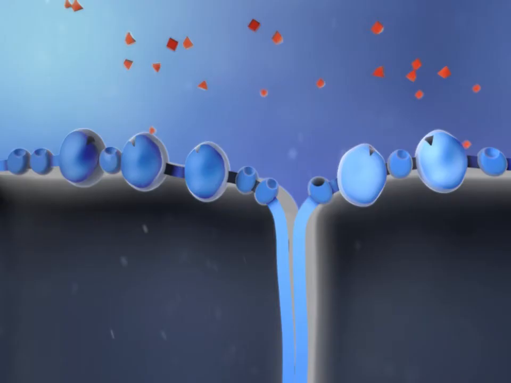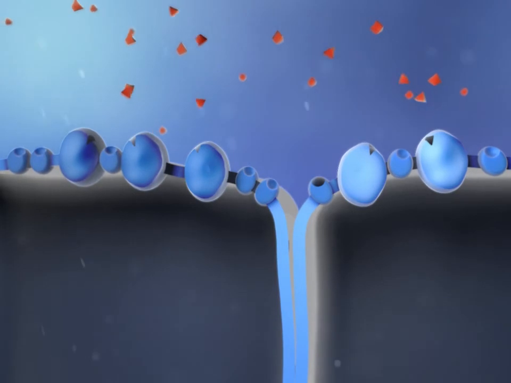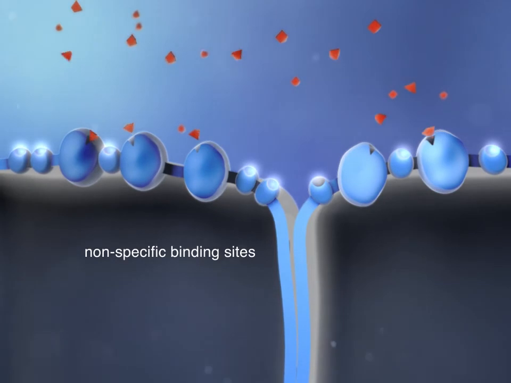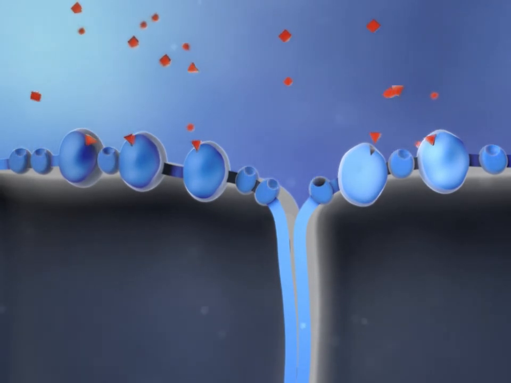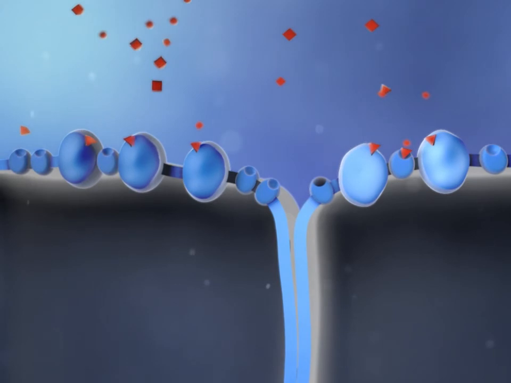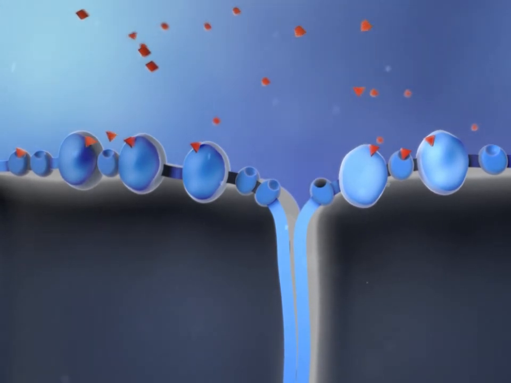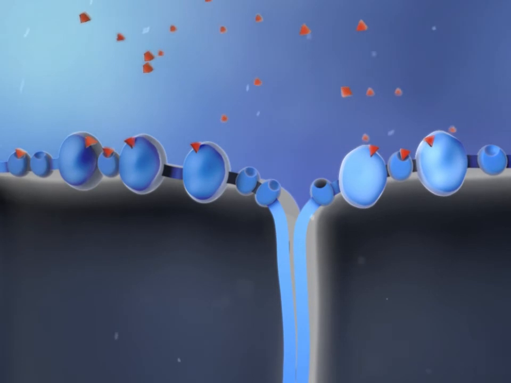Clearly, some of this binding is to components of the tissue other than receptors, and these components are the nonspecific binding sites. Therefore, it is necessary to determine how much of the drug is binding to receptors and how much of the drug is binding to the nonspecific binding sites.